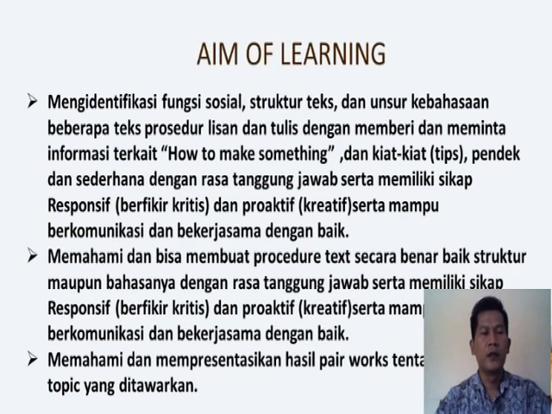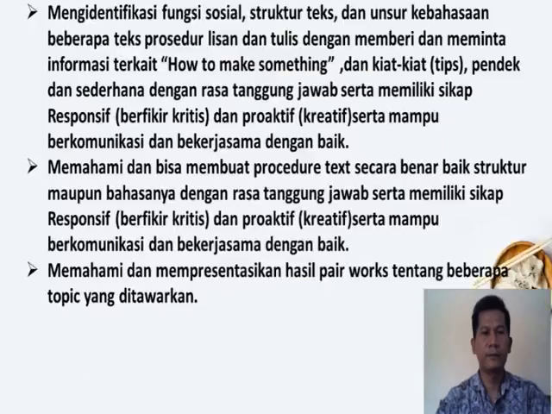And the second is you understand and could make your own procedure text correctly, whether in the structure or in the language. And the last is you understand and could present your procedure text and record it.